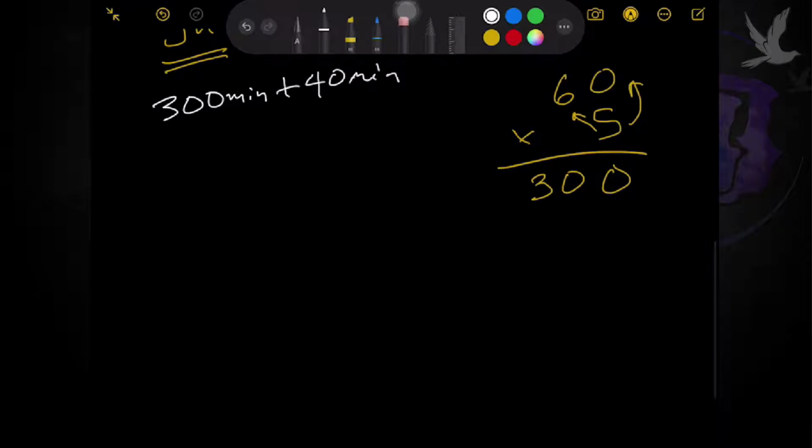So, sa letter B naman of the same page, 174, you are basically just asked to give the given minutes in hours. So for example, for every 60 minutes, always remember that it is equivalent to 1 hour.